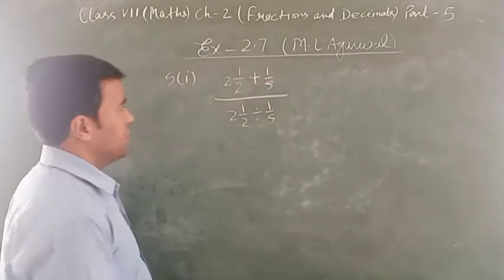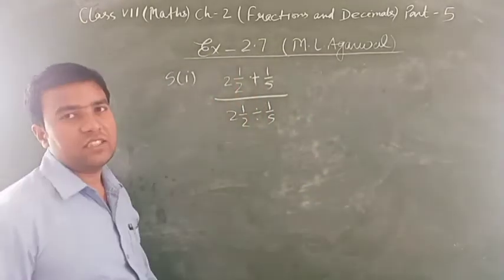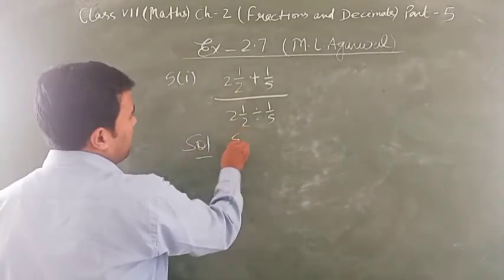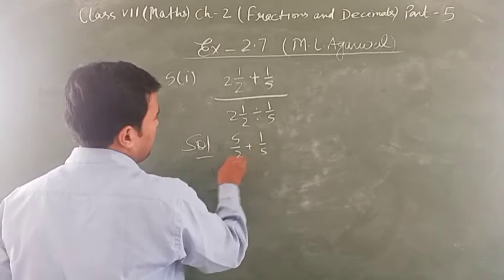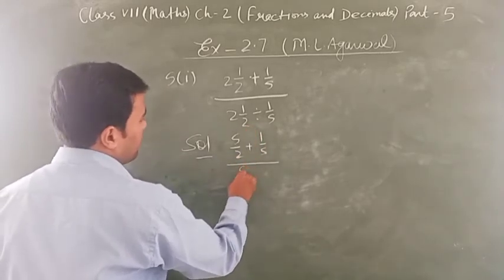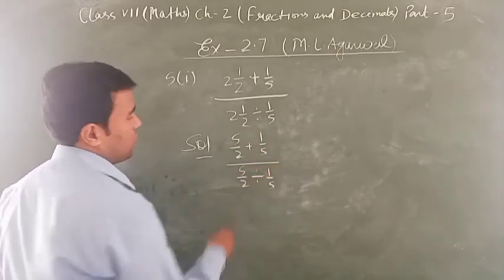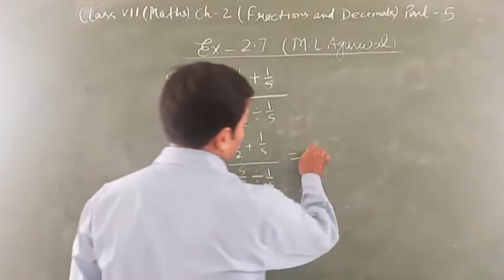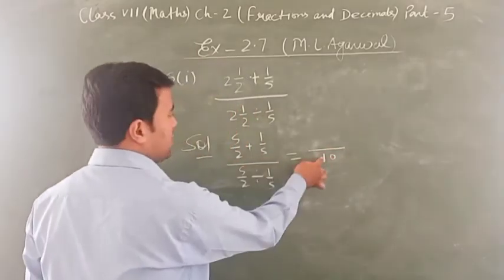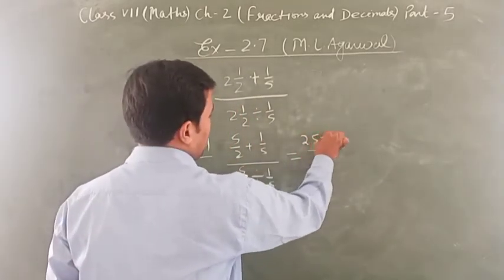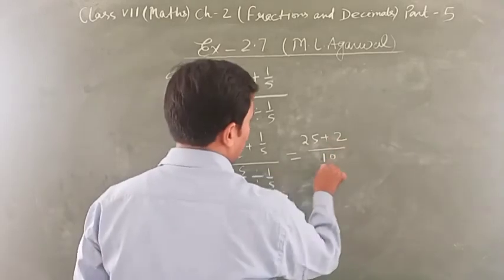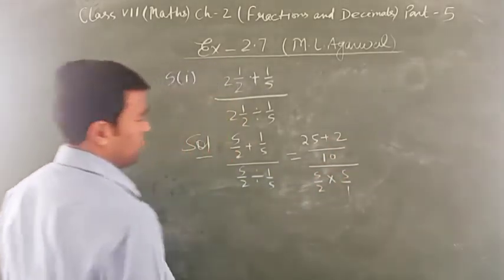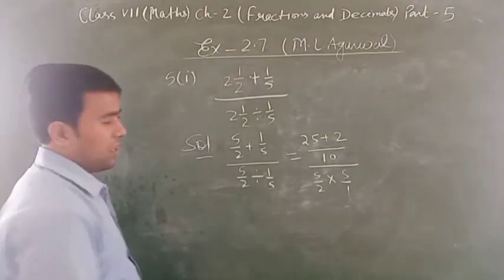Clear? It means first of all change the mixed fraction into improper fraction. 2 times 2 is 4, plus 1 is 5 by 2 plus 1 by 5. Divided by, clear? LCM of 2 and 5 is 10. 2 times 5 is 10, 5 times 5 is 25, 5 times 2 is 10, 2 times 1 is 2. 5 by 2 into 5 by 1, divide changes to multiply with the reciprocal.